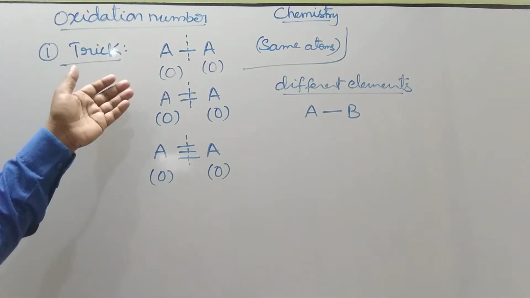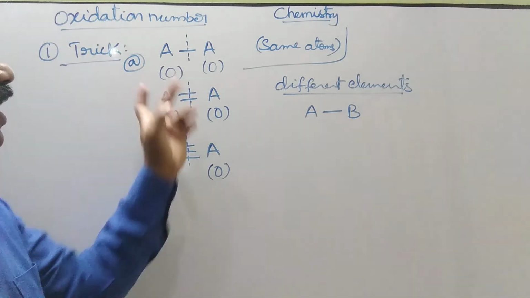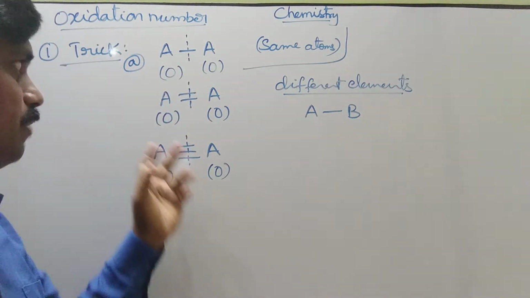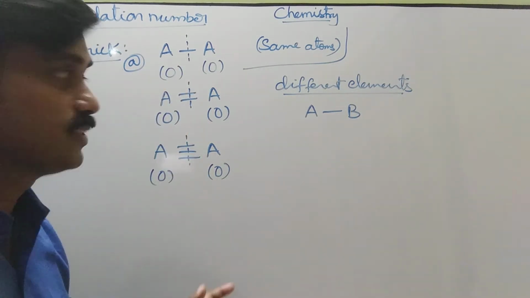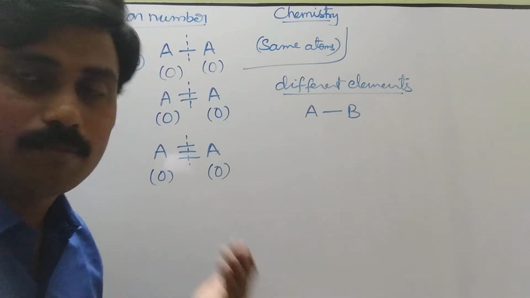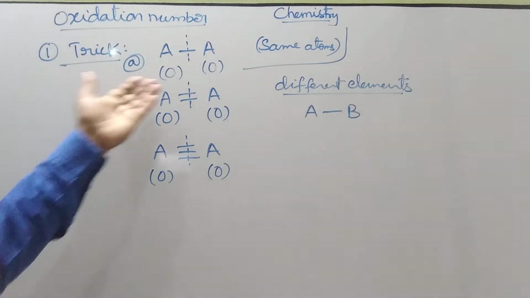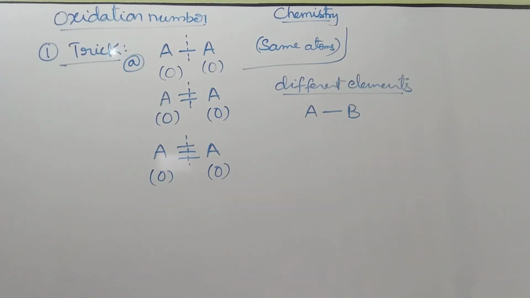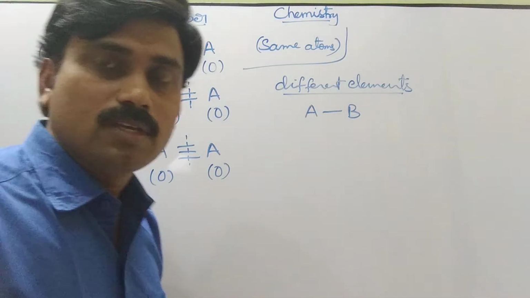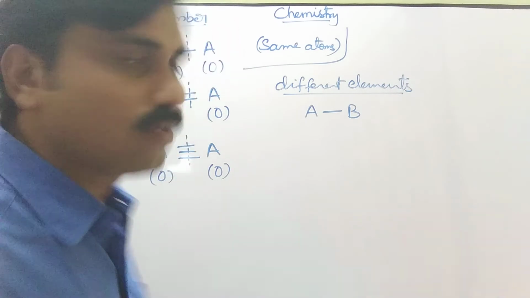In the first example, we have taken A single bond A, A double bond A, and A triple bond A. All these are the same type of atoms. Between the same type of atoms, whether single bond, double bond, or triple bond, each element is exhibiting oxidation state 0. But in the case of different elements, they also have different electronegativity values.